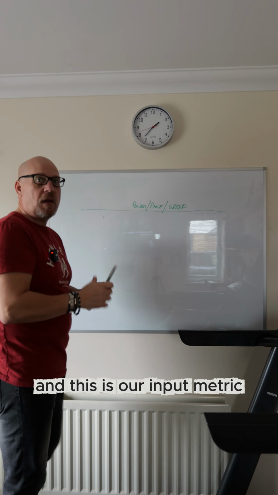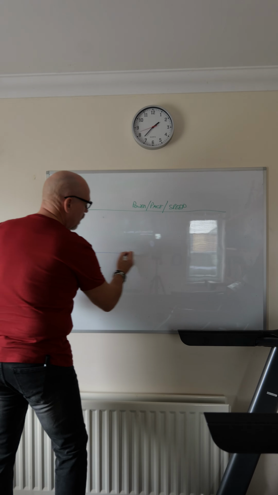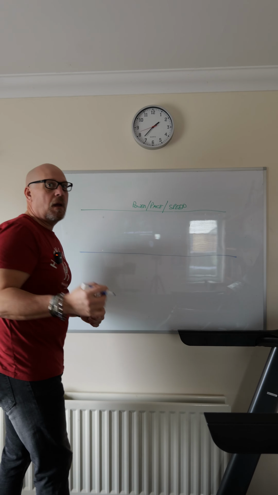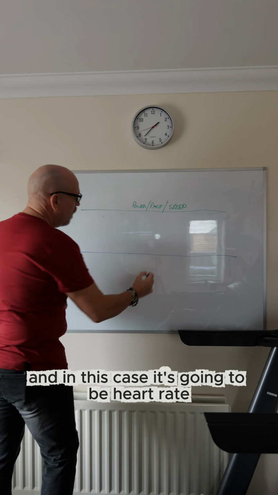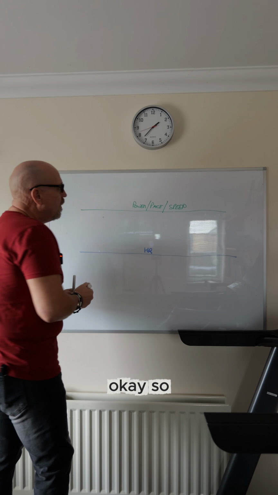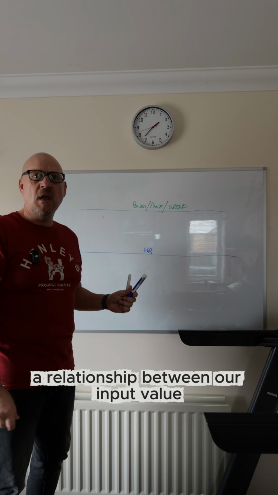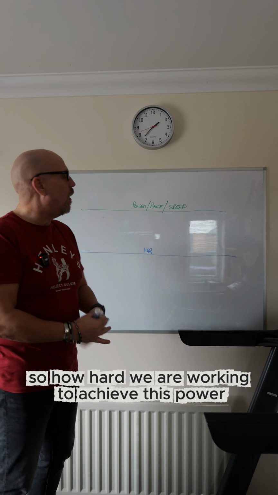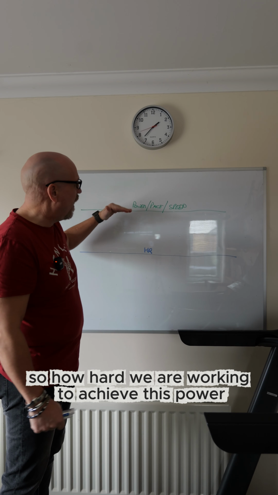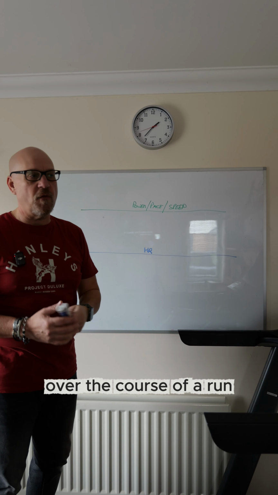And this is our input metric. And in this case, it's going to be heart rate. Okay, so there's obviously a relationship between our input value, so how hard we are working to achieve this power, pace, or speed over the course of a ride, over the course of a run.